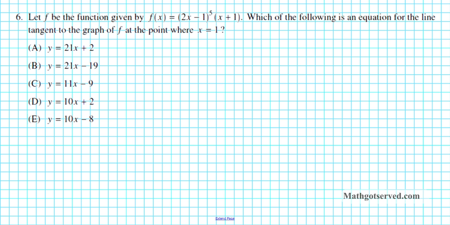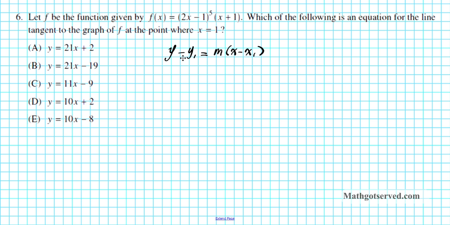So let's write down the point slope form of the equation of a line. That's given by y minus y1 equals m times x minus x1.